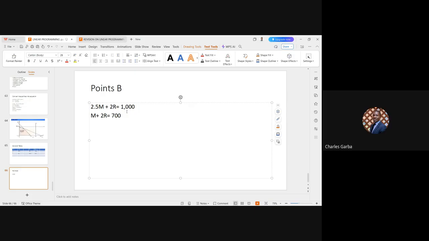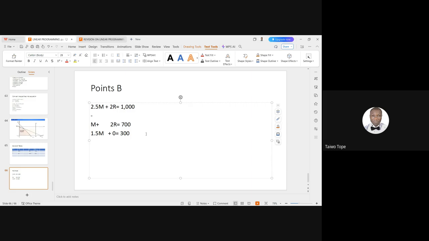In these equations, we already have 2R appearing on both, right? So we can just subtract directly. 2.5M minus M is 1.5M. 2R minus 2R is 0. And 1000 minus 700 gives 300.